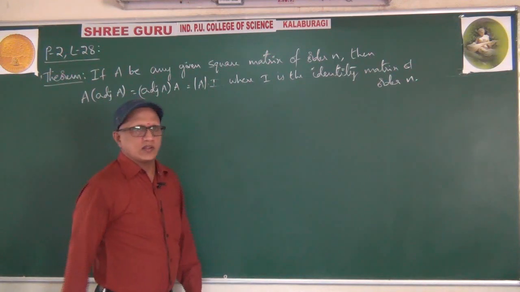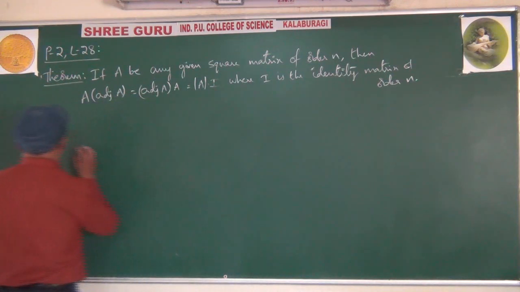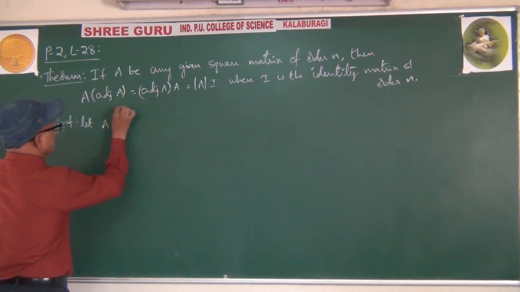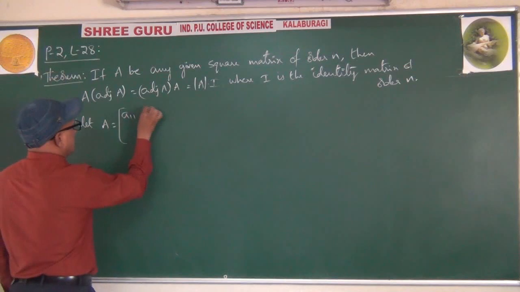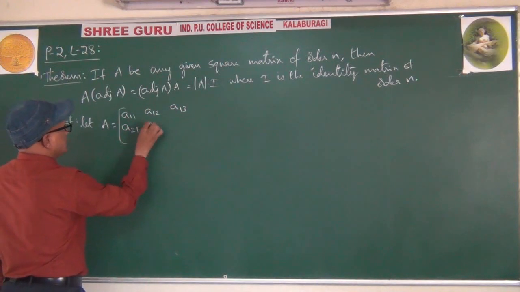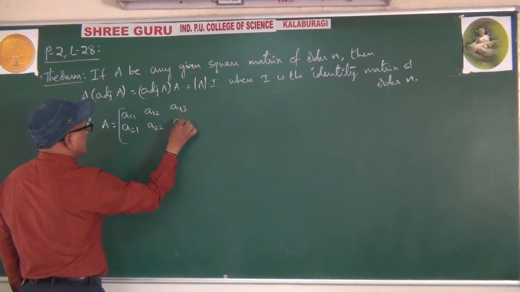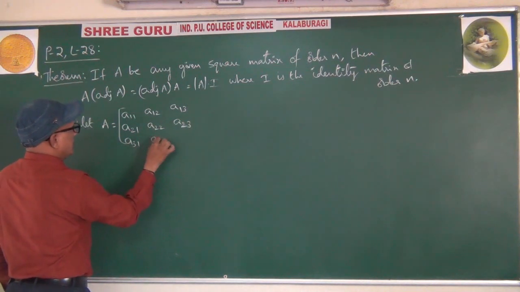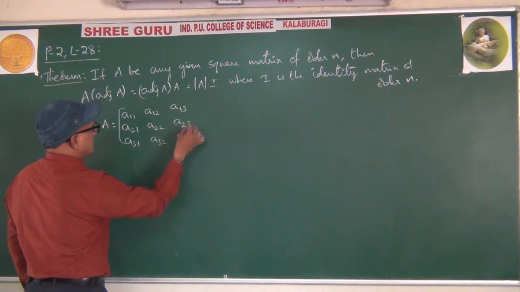Now let us prove this. Let A equal to A11, A12, A13; A21, A22, A23; A31, A32, A33.